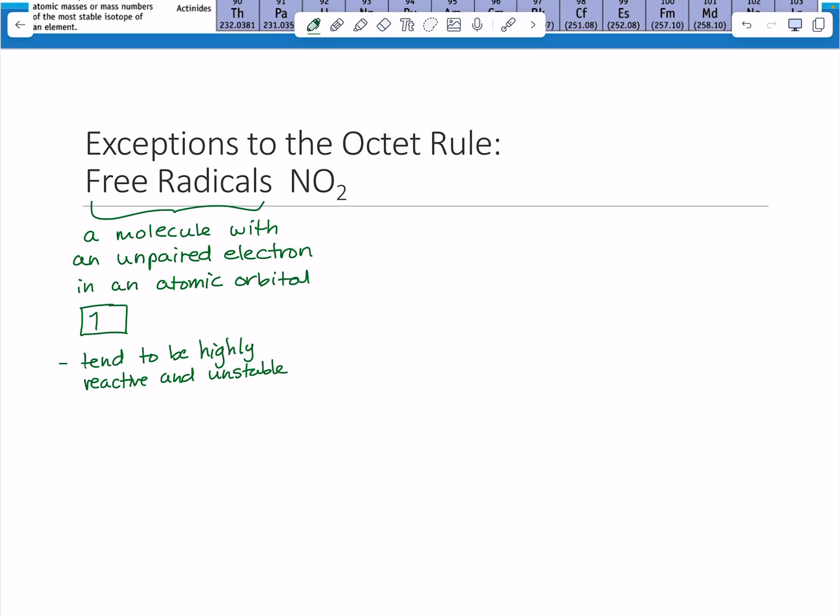All right. So this is another one of those molecules, again, that does not follow the octet rule. Okay, so let's look at NO2.